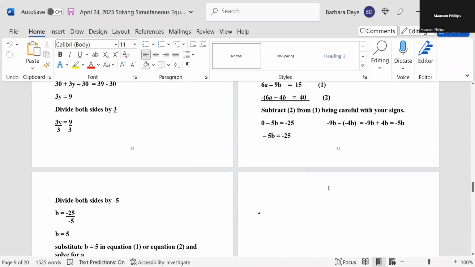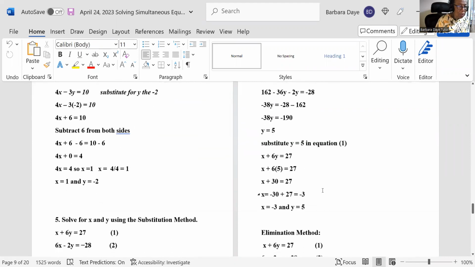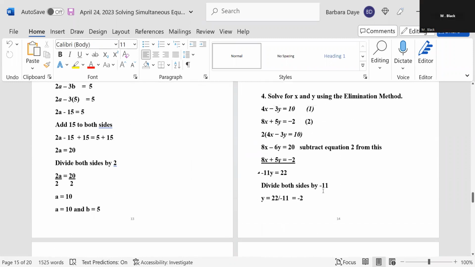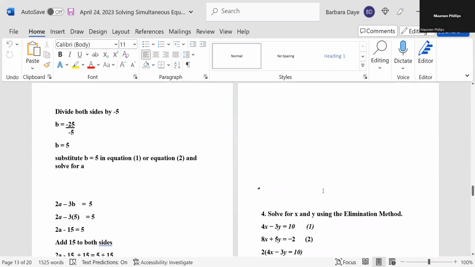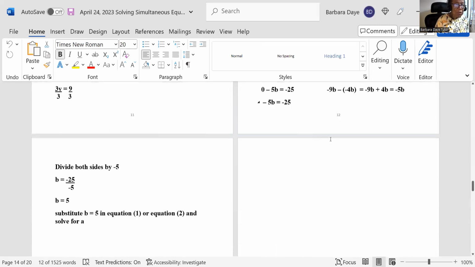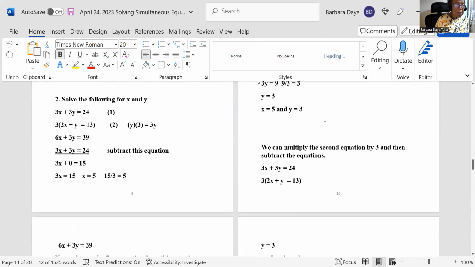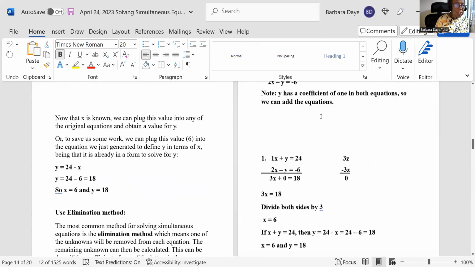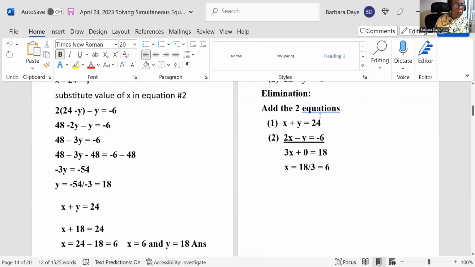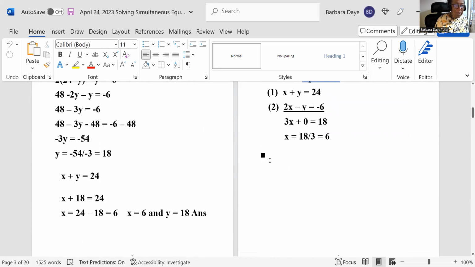Okay, here's one. I'm giving you this one, and we'll work on this one together. Let me bring it back up here, but I just want to see if you can determine what you would do first.